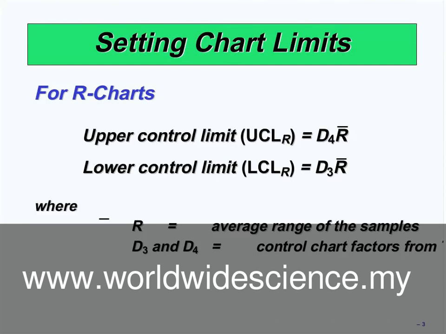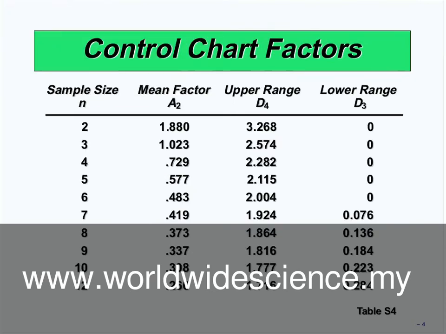If that is everybody, I explain again. D4 and D3 are control chart factors that should be found from the table. This table that you can see. They should be found by the given sample size or n. Sample size is 5 here, and when you look at the table for sample size equals 5, you can find D4 and D3.